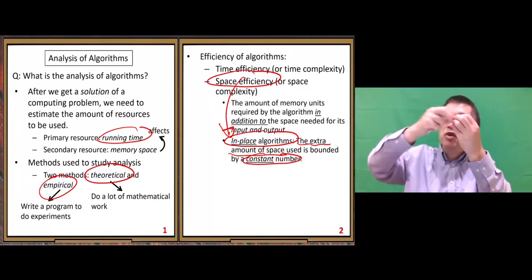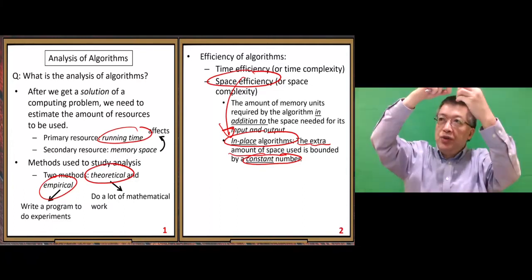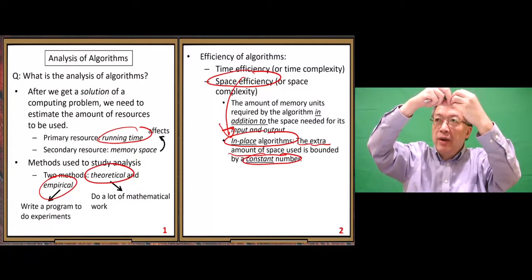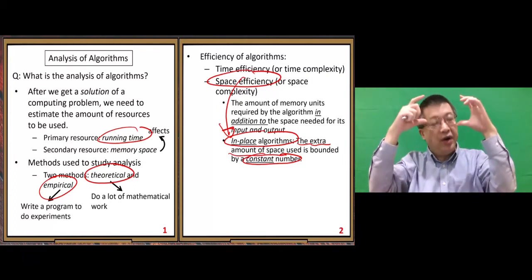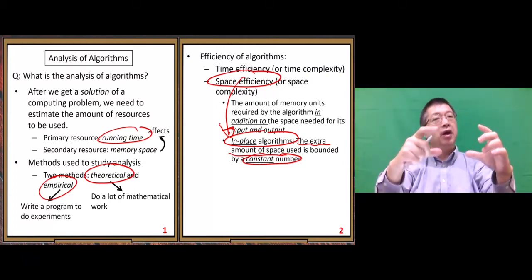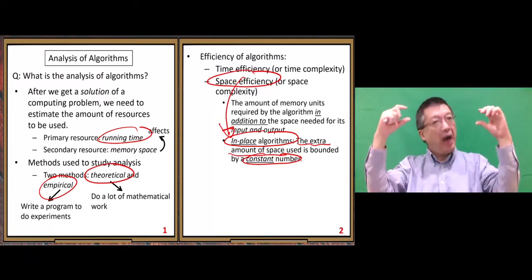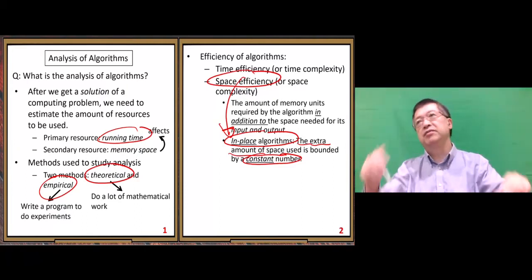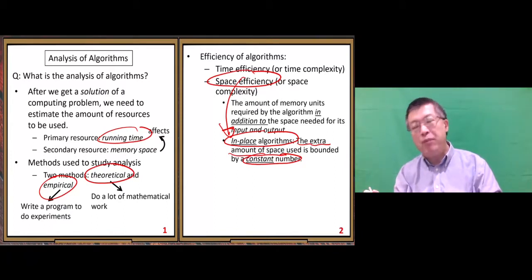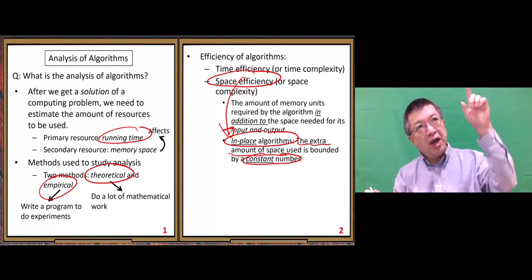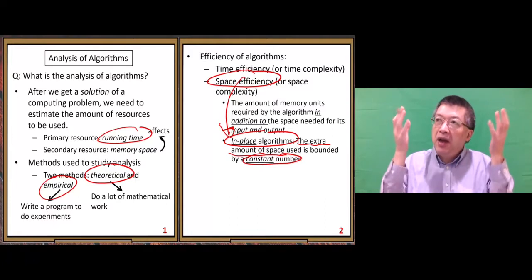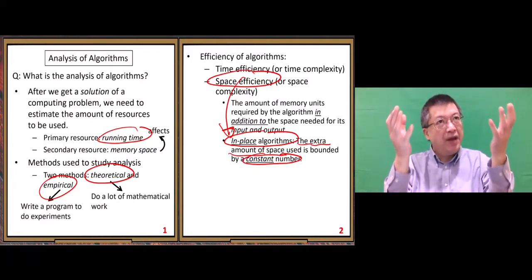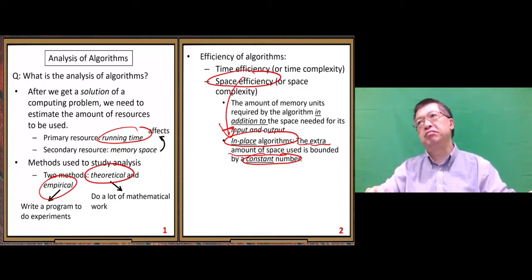That means even if you increase your array size and process more elements, the extra space you use is always this much. You never need to increase the extra space. If your algorithm has that property, we call it an in-place algorithm. If you can get an in-place algorithm, that is always a good choice. We like to use in-place algorithms.